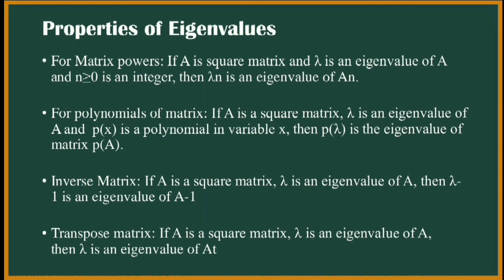For matrix powers, if A is a square matrix and lambda is an eigenvalue of A and n is an integer greater than or equal to 0, then lambda to the n is an eigenvalue of A to the n.